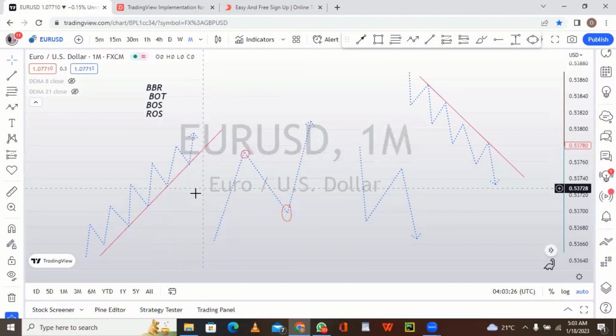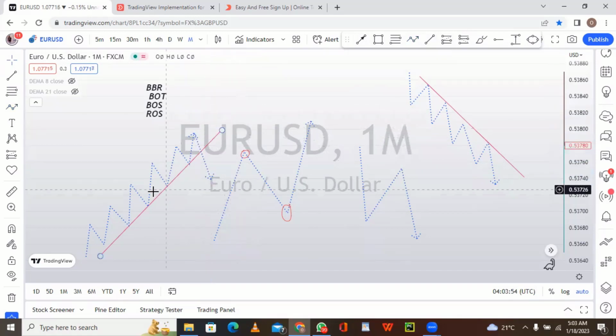All right, now what you observe when you want to see BBR playing out is that the trend line will be broken, the trend line will be violated. You will see the market in this form. Instead of the market coming back, a pullback to continue its move to the upside, the market will break down this trend line.